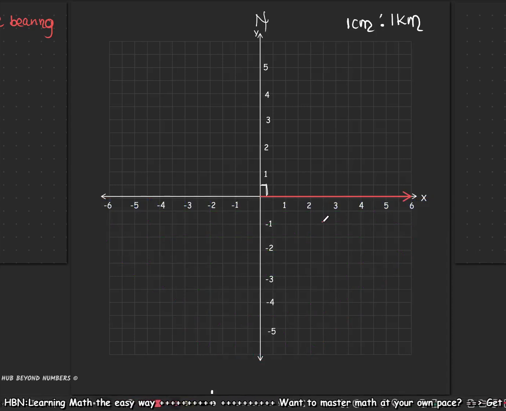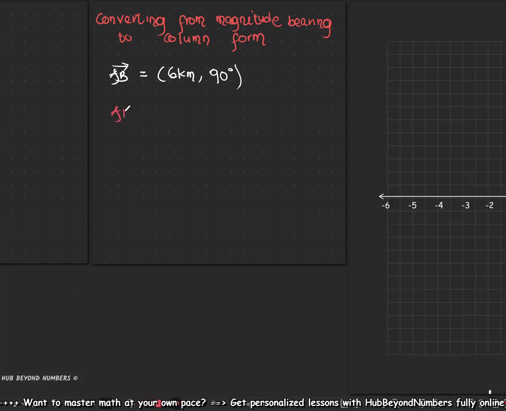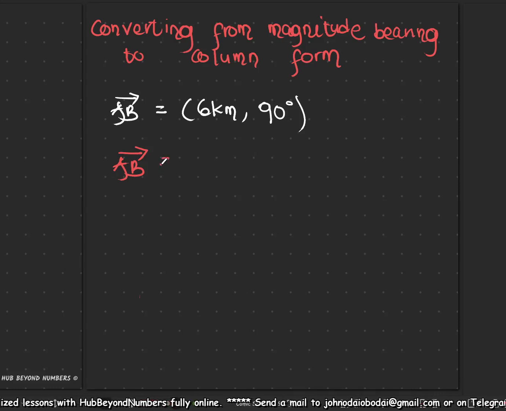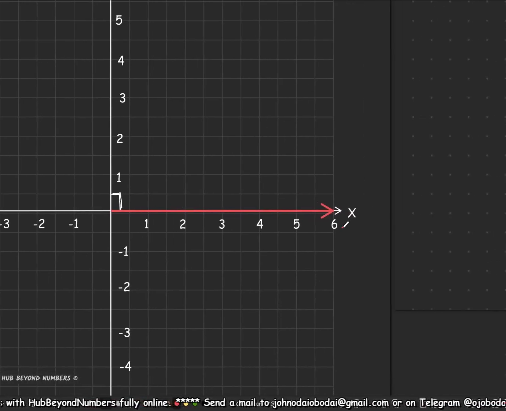Now let's look for the coordinates of the vector we have drawn. If you look at it carefully, it is on the x-axis, so it has no y coordinate. This simply means that our AB, on the x, ends at 6.